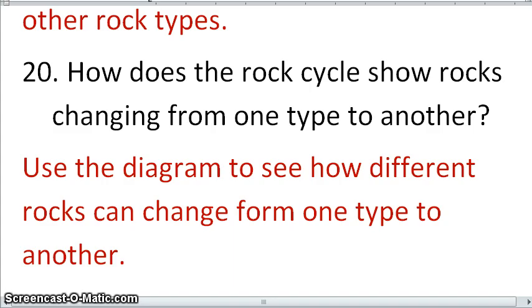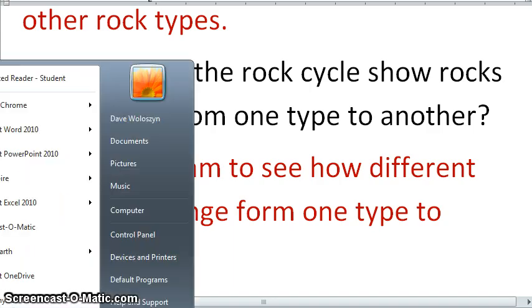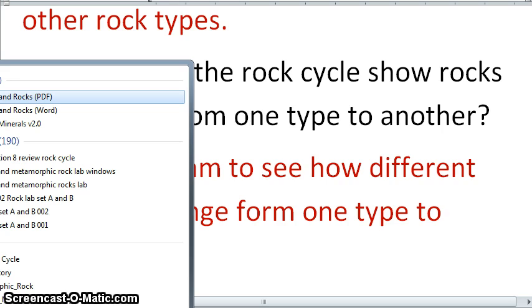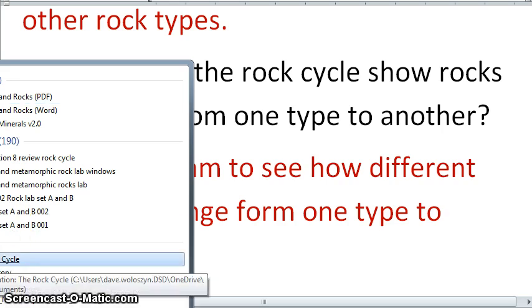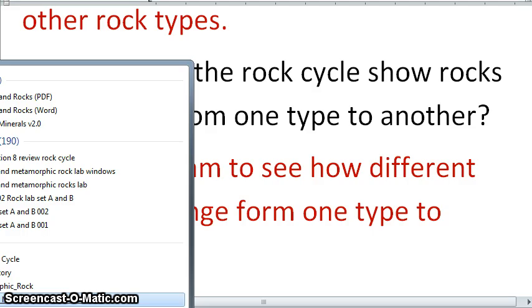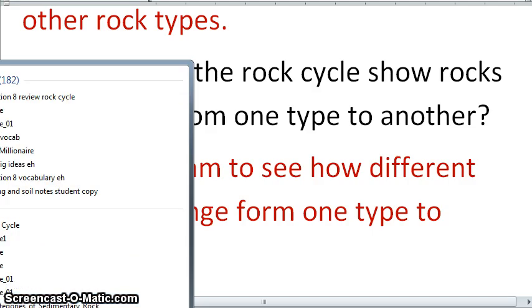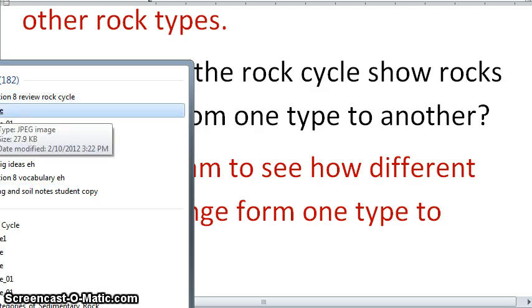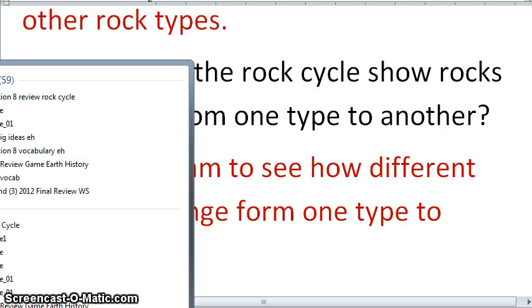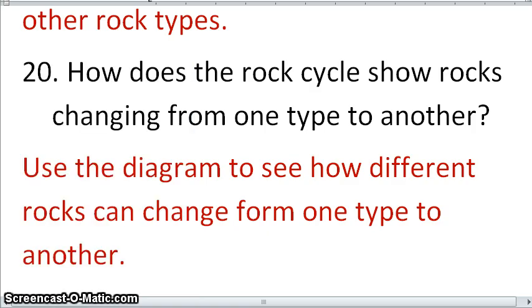That diagram would be our rock cycle diagram, which I'm going to pull up right now. Oh well, I can't find it.